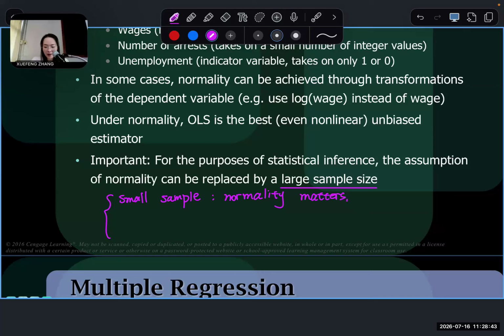But if you have a large sample, don't worry about normality.